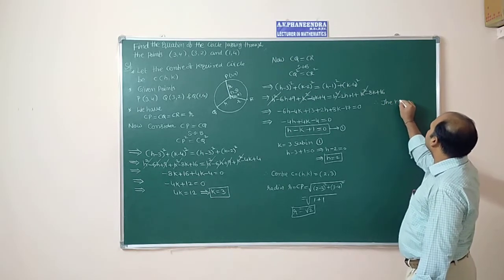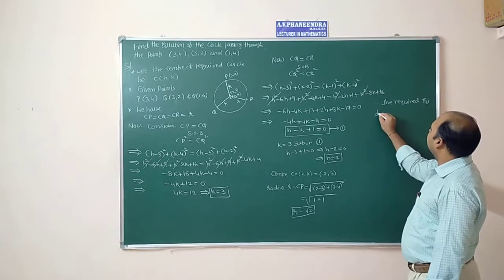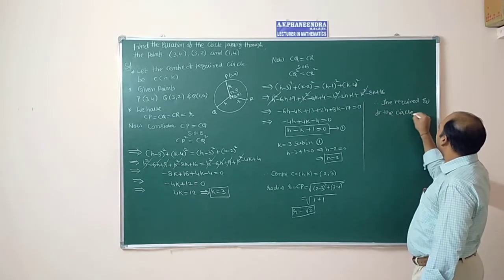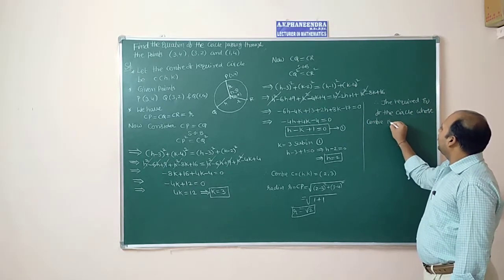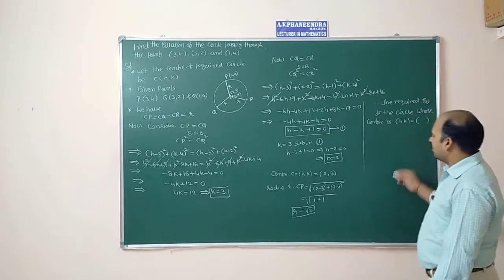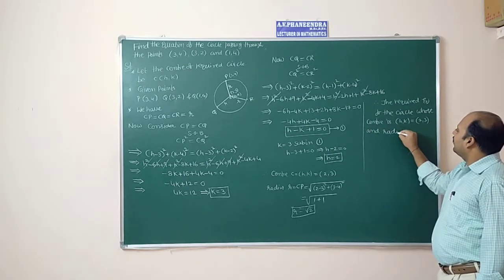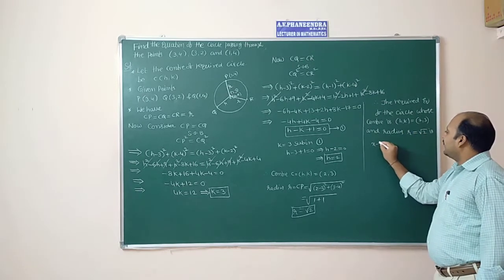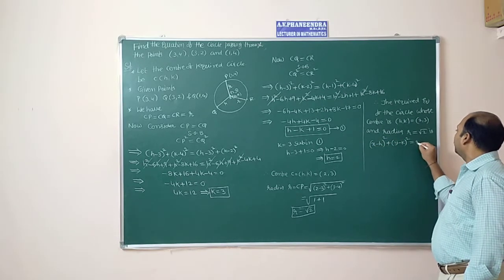The required equation of the circle whose center is (h, k), that is (2, 3), and radius r equal to root 2, is (x minus h) whole square plus (y minus k) whole square equal to r square.